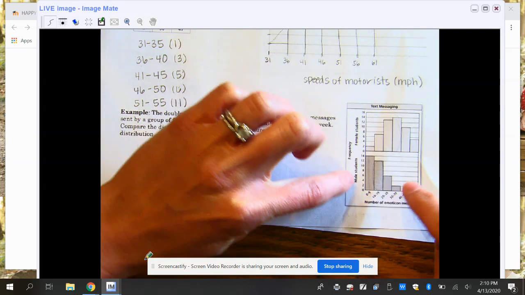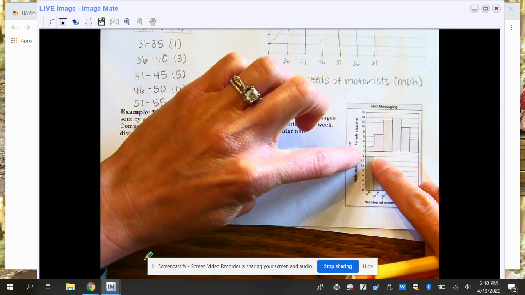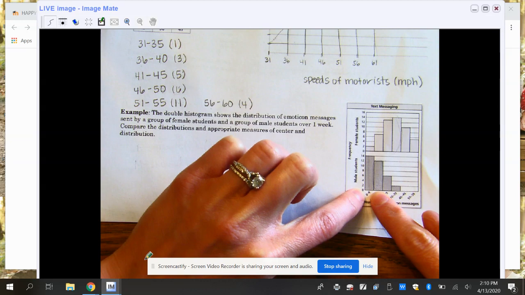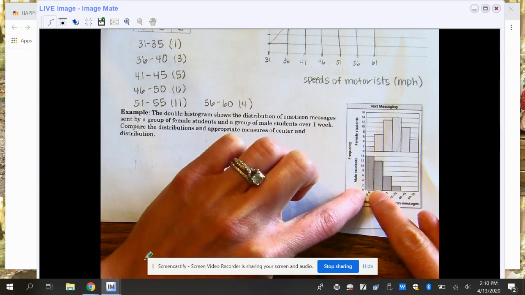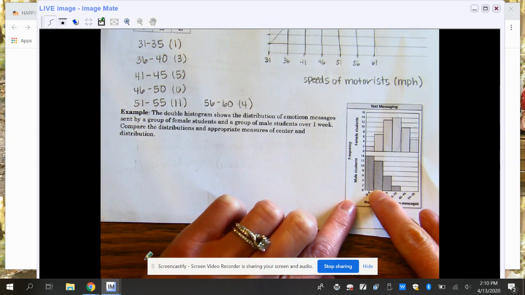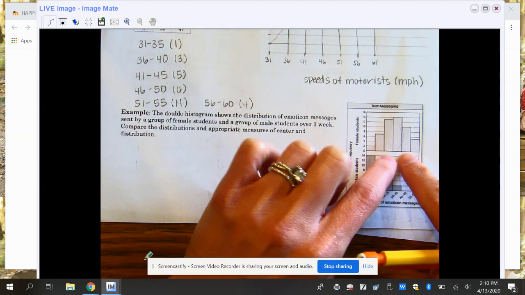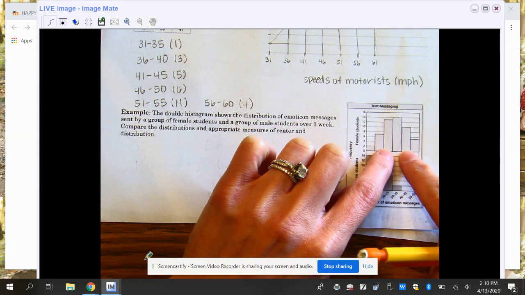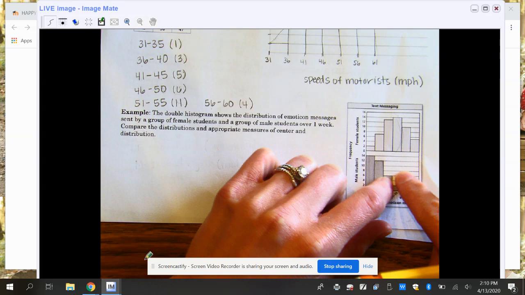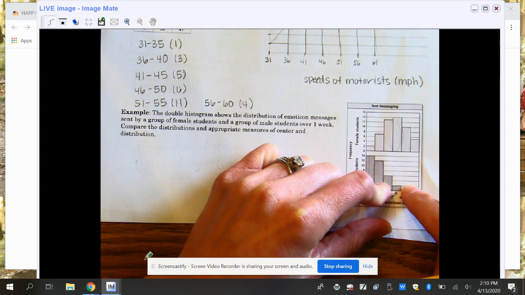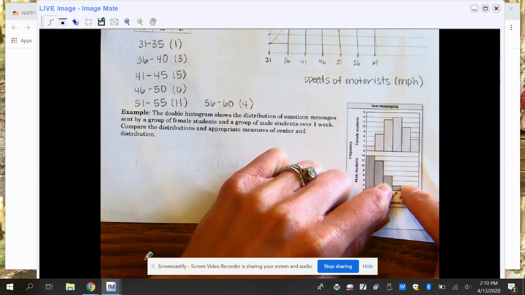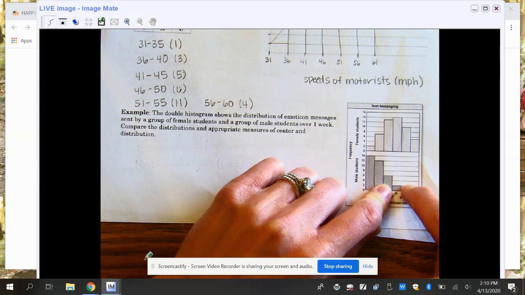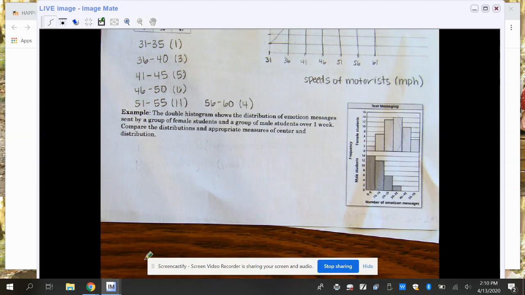I can see that 14 male students sent between 0 and 9 emoticon messages over 1 week. I can see that 14 female students sent between 30 and 39 emoticon messages over the course of the week. So we're able to interpret it that way.